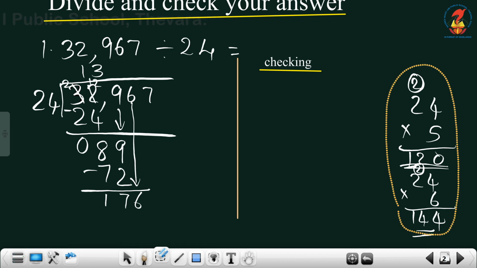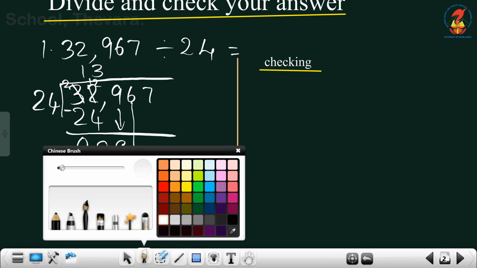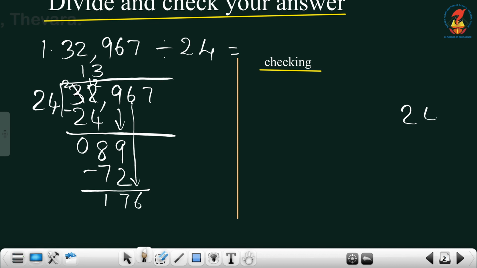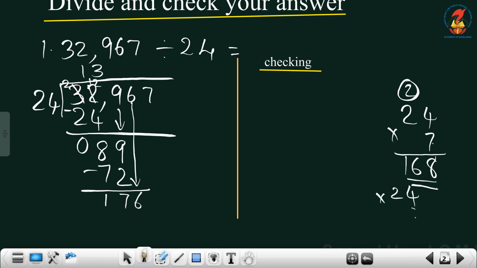Then I need to check 24 into 7. 7 fours are 28, 8 and 2 is the carryover. 7 twos are 14. 14 plus 2 is 16. 168 we got, right? Then simply we can check 24 into 8 also. That is greater than this number only, but we can check. 8 fours are 32, 3 carry.